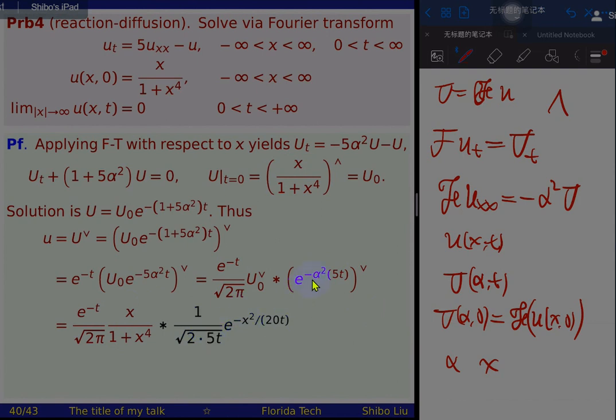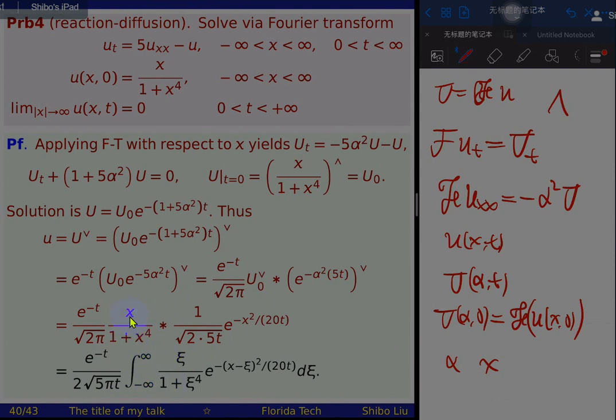This is a Gauss function, a Gauss density function. We know that the inverse of this function is also of the same form, but the relating constants should be handled carefully. Anyway, this is a known result, or you can check it from the table of Fourier transforms. Then the last step is to express this convolution in terms of integration.